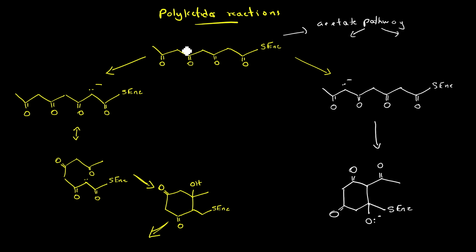So let's start. We are going to use this particular polyketide for both our mechanisms to obtain one particular structure. We are going to move with the Aldol reaction. I hope you are familiar with Aldol reactions.